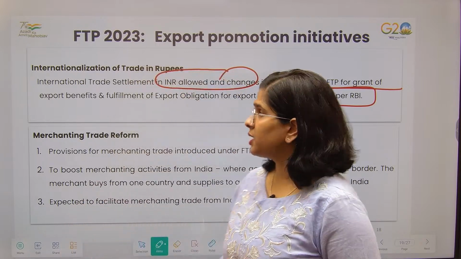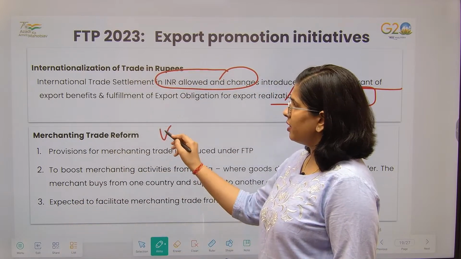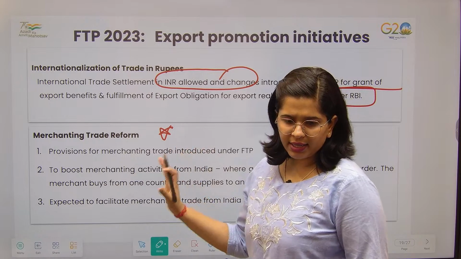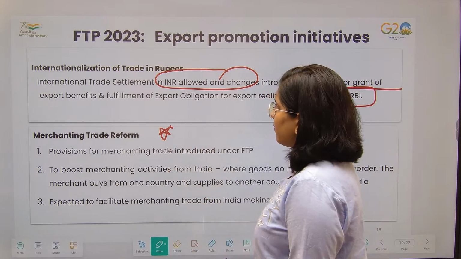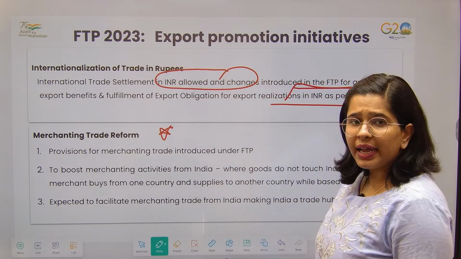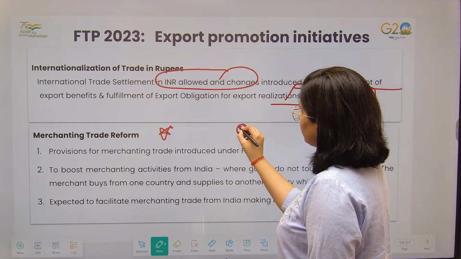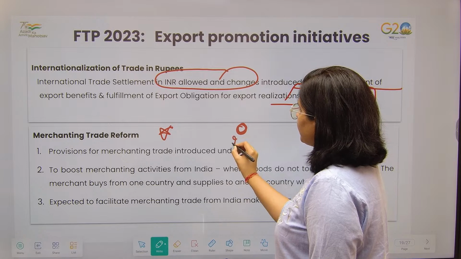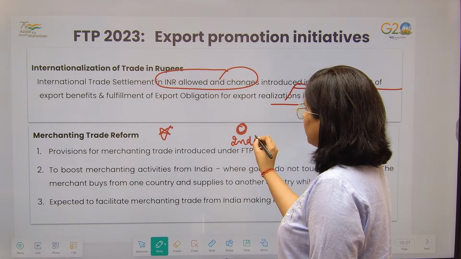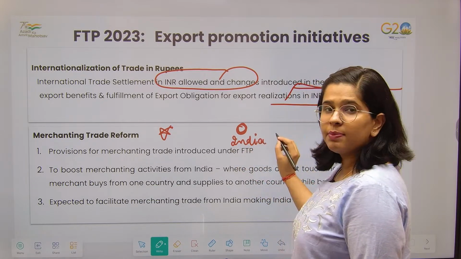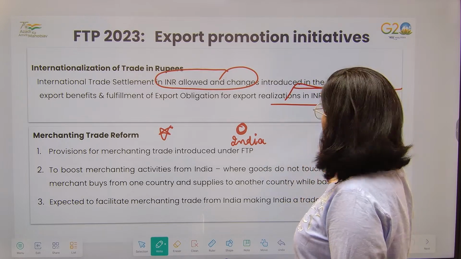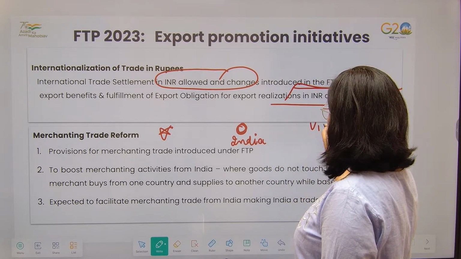Next information is related to your merchanting trade reform. I'll tell you what it is. Fine. So just watch me very carefully. Here we are talking about an intermediary. He is in India, right? He knows a person, suppose he knows a person in Vietnam.